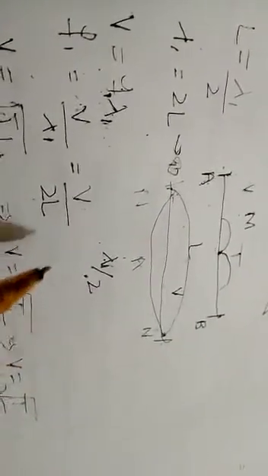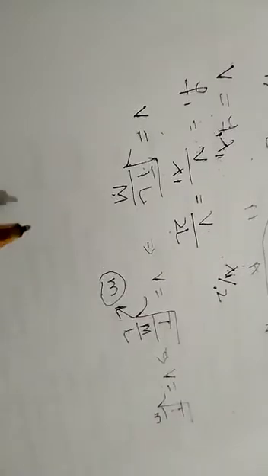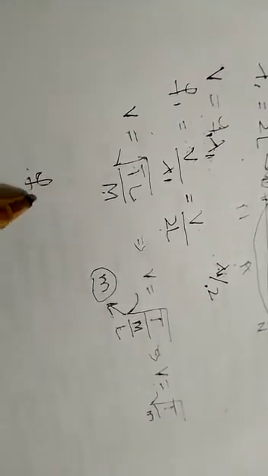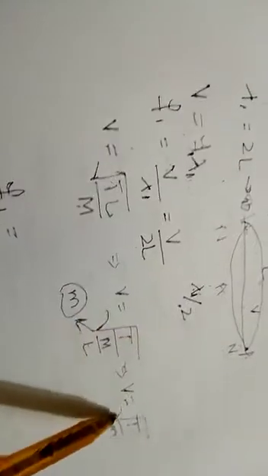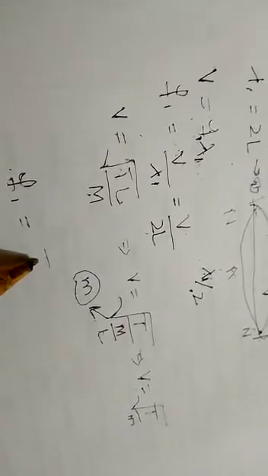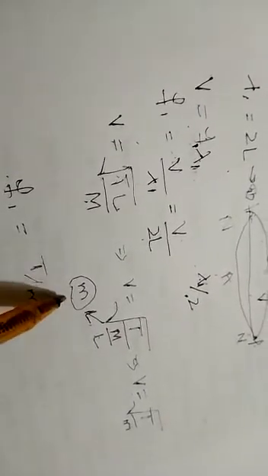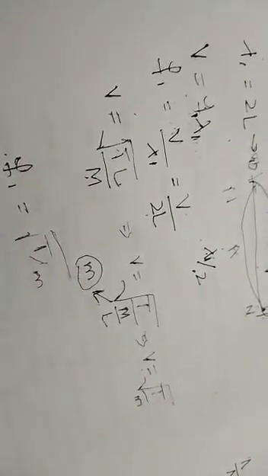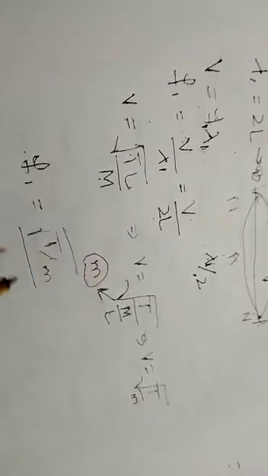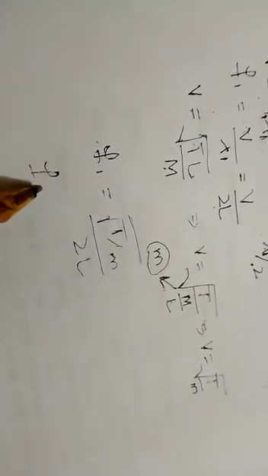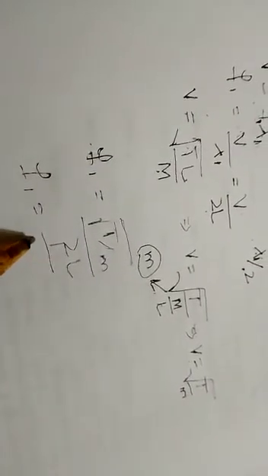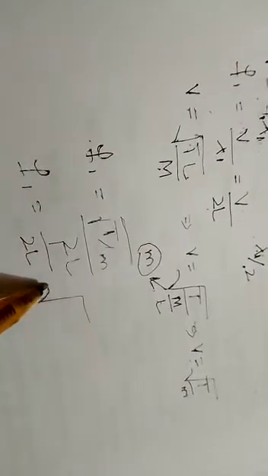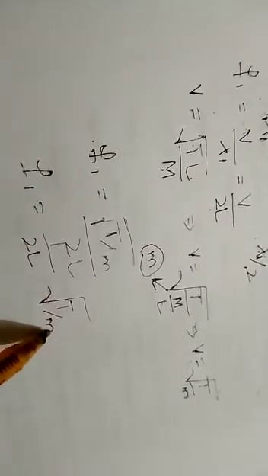We have the expression for frequency that f1 is equal to, instead of v, we can write this value under root T by m, the expression for the speed of the transverse wave, divided by 2L. Or we can write this relation as f1 is equal to 1 divided by 2L under root T by m.